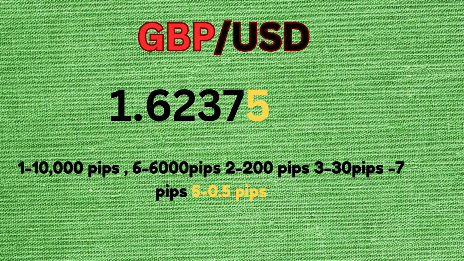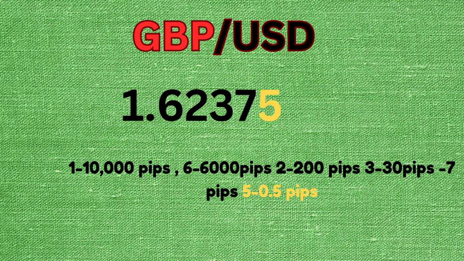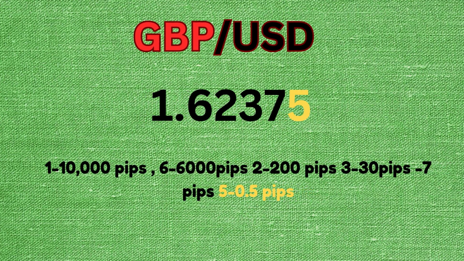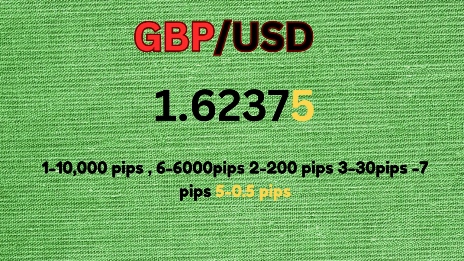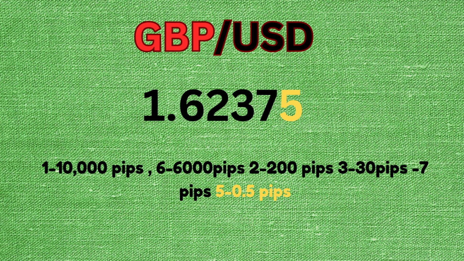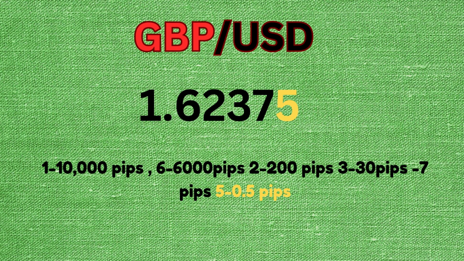The 7 is equal to 7 pips. The 3 is equal to 30 pips. The 2 is equal to 200 pips, and the 6 is equal to 1,000 pips. The 1 is equal to 10,000 pips.